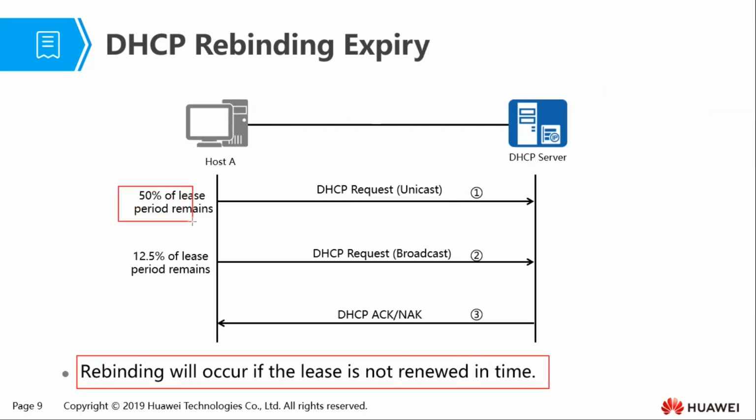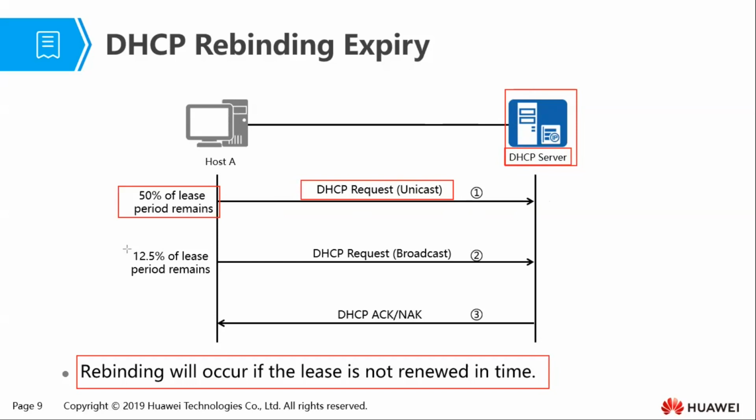At 50% of the lease period remaining, you send out a DHCP request, which is a unicast. But the DHCP server does not send you an acknowledgement or not acknowledged. So it does not reply. Maybe it's down.